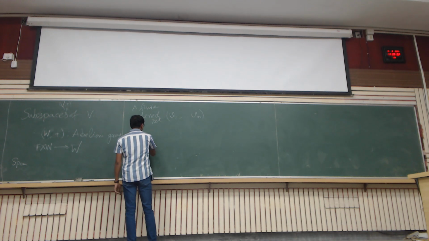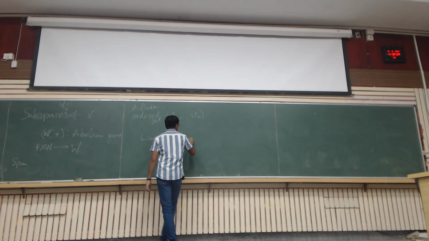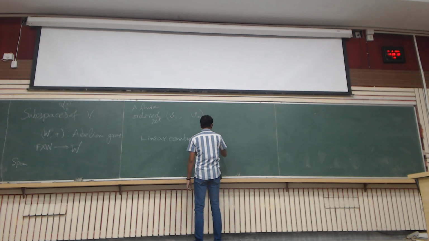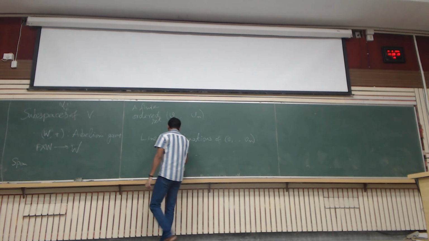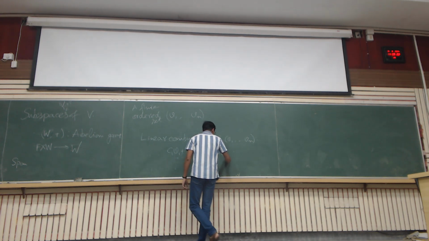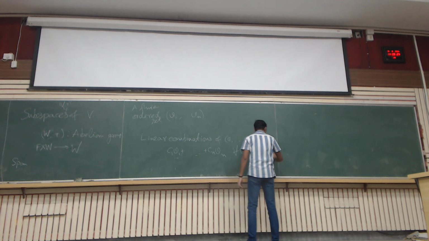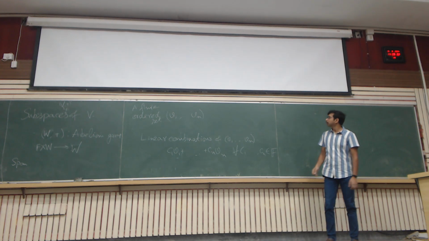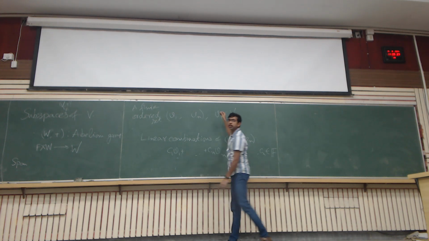So the linear combinations of v1 to vn. By this we mean all expressions like c1 v1 plus and so on up to cn vn, where c1 to cn are in F. Of course, these v1 to vn are elements in V, the given vector space.